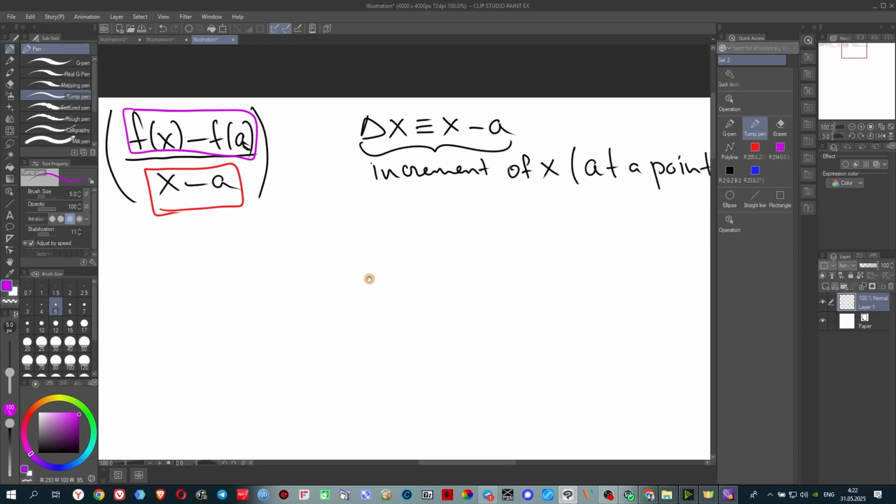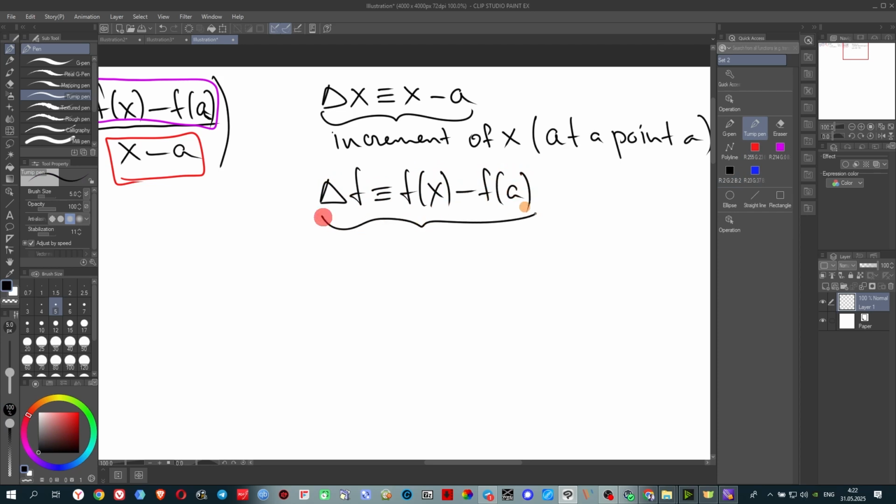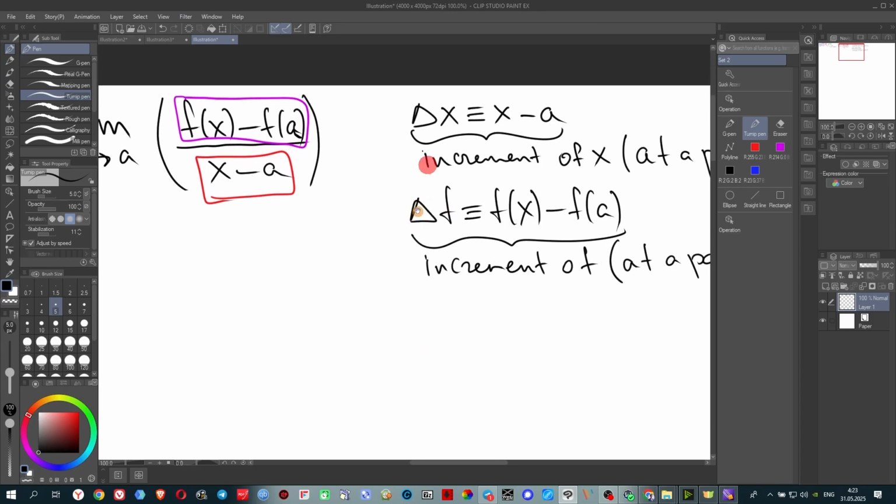The difference f of x minus f of a, we call it increment of what? Of f. Yeah, of course. Delta f, by definition, is f of x minus f of a, and we call it increment of f. Again you can add at a point a, if you wish, but in a short way you can say increment of x, increment of f.